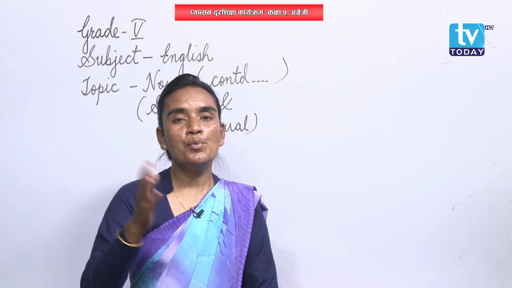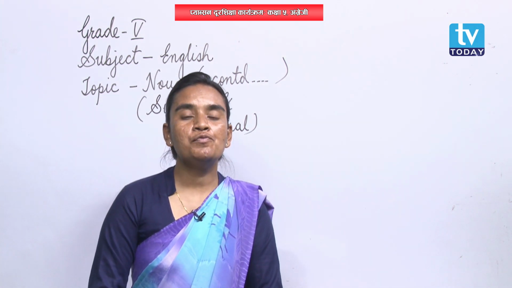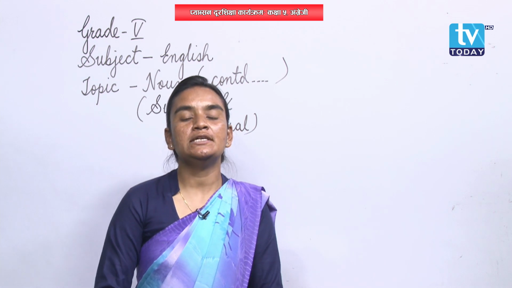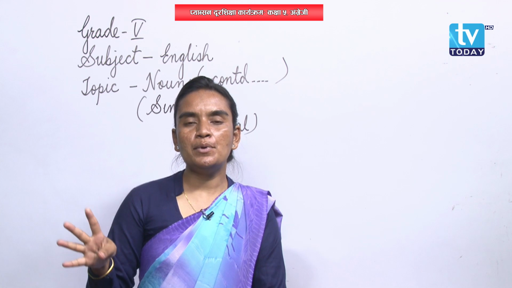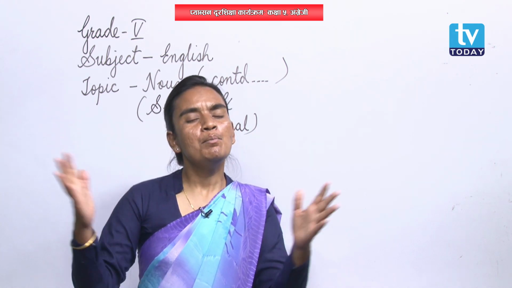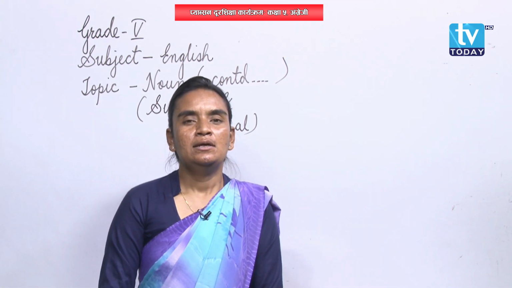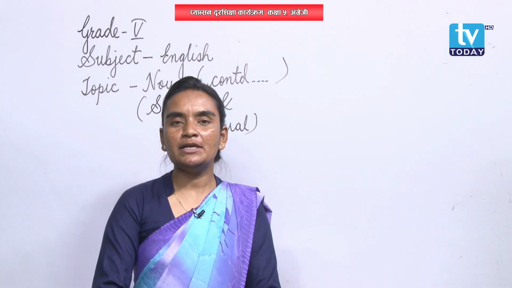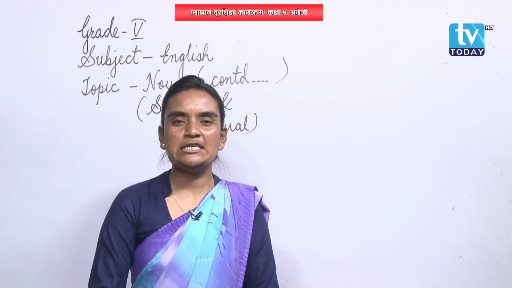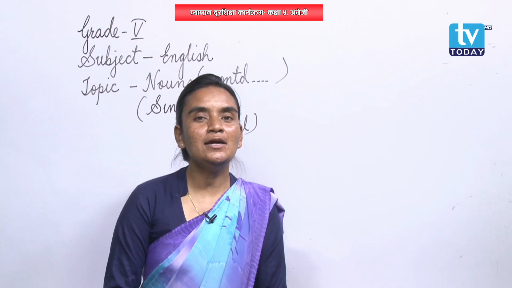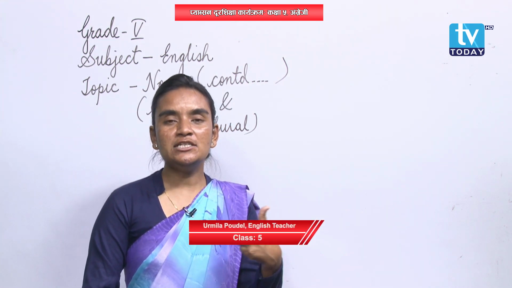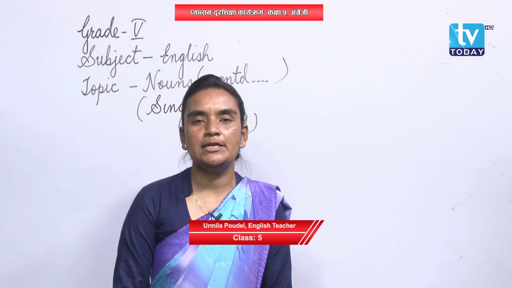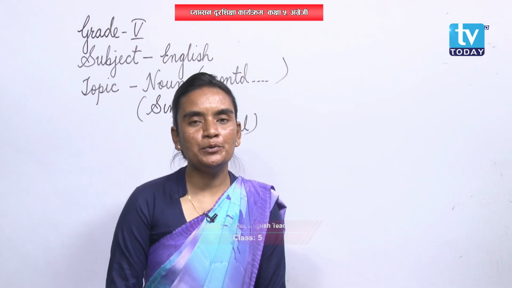If there are more than one, so far as we can count it, then we can say 2 books, 3 books, 4 books, 5 books or many books. In terms of a library, we cannot count the number of books easily, so we can say there are many books. So dear children, that is how we get the information of singular and plural.